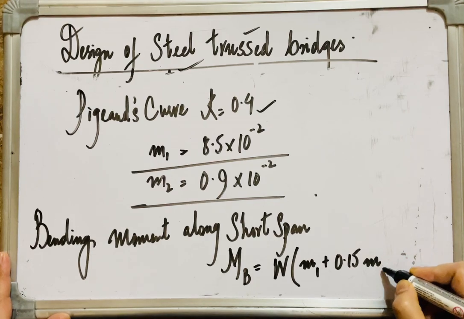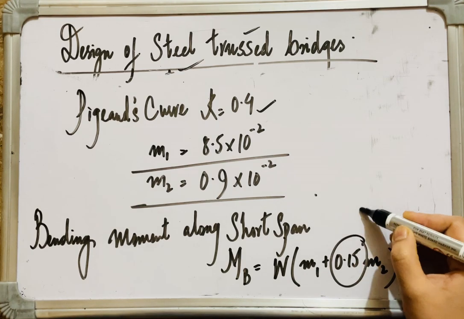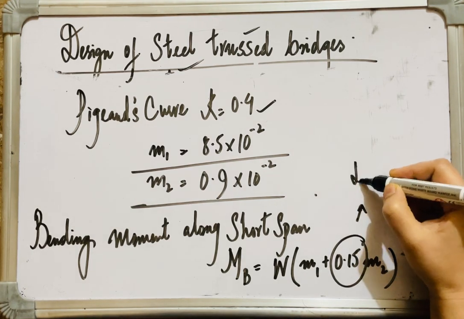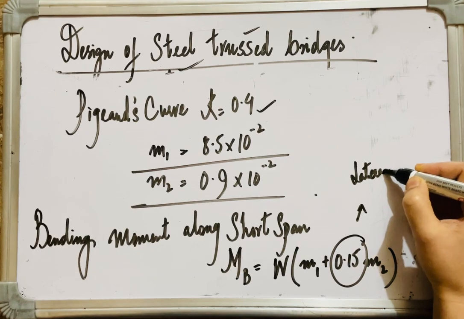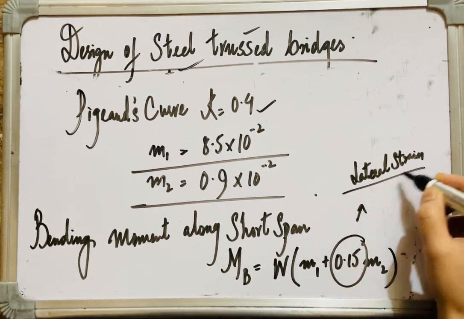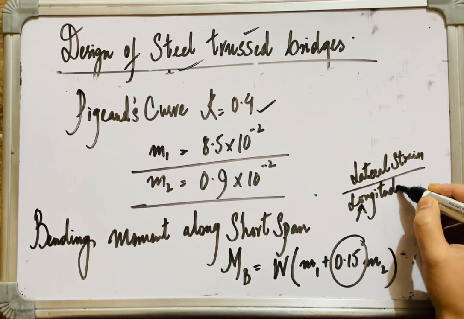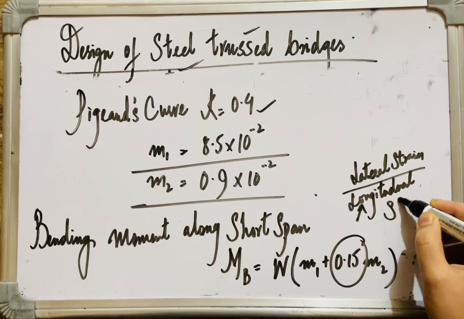All right, so let us calculate, wherein this 0.15, this is the Poisson's ratio, lateral strain by longitudinal strain, already discussed. And for reinforced concrete, it is taken as 0.15.